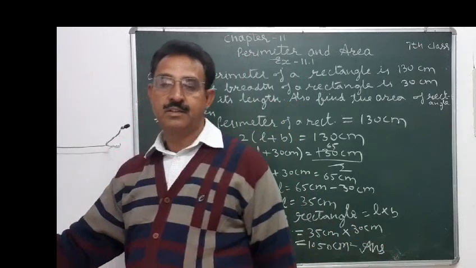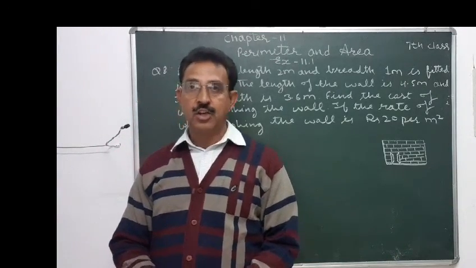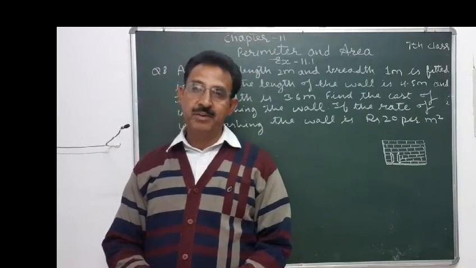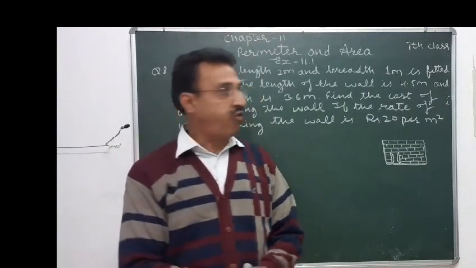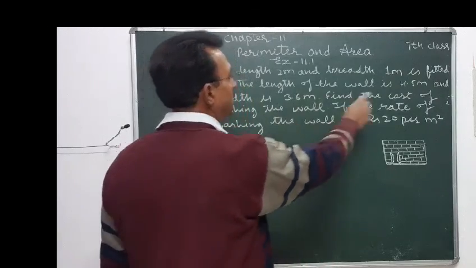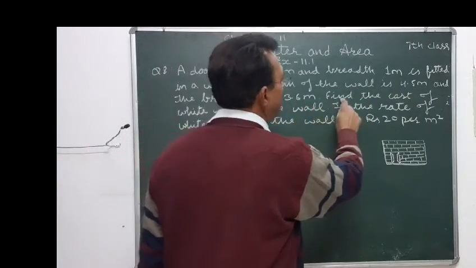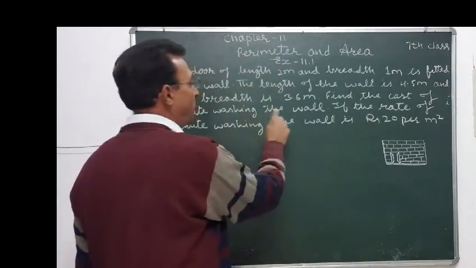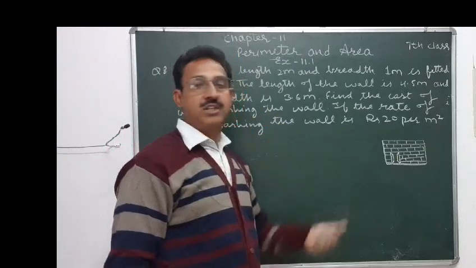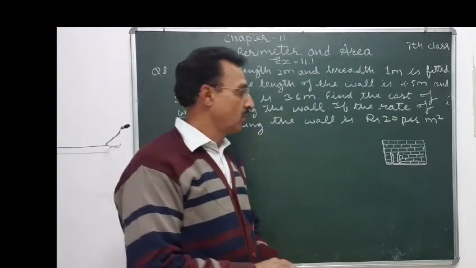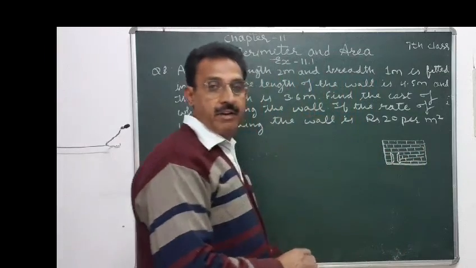Right. So the statement of question number 8 is: a door of length 2 meter and breadth 1 meter is fitted in a wall. The length of the wall is 4.5 meter and the breadth is 3.6 meter. Find the cost of whitewashing the wall if the rate of whitewashing is ₹20 per meter square. So this entire wall is to be whitewashed, right?